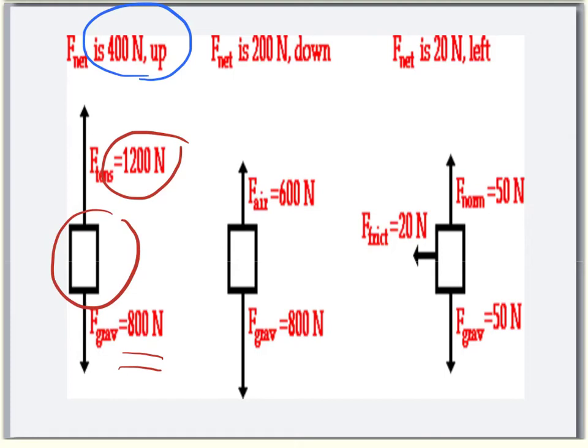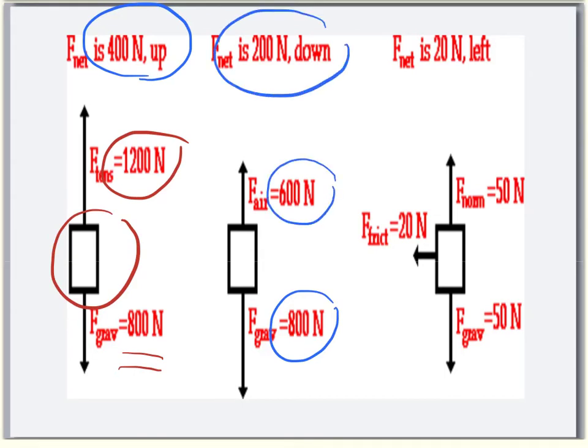Upwards. And this is like basic adding integers. Same thing here. If the force of gravity is pulling 800 downwards, and this is pulling 600 upwards, then the net force is 200 downwards. Same thing here. The forces up and down are balanced, but there's a force acting on it to the left. So the net force is 20 newtons to the left.